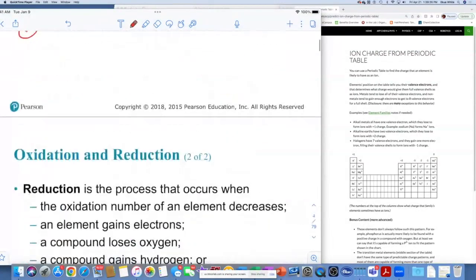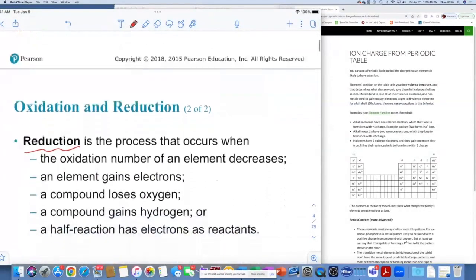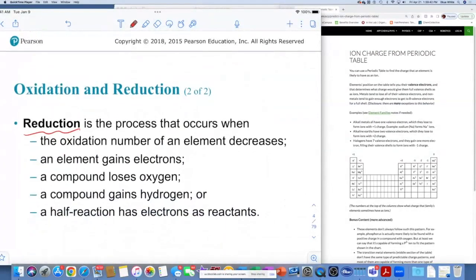Moving on. The other part of oxidation is reduction. So what is reduction? I'm going to start with the organic definition first. Reduction happens when the compound is losing oxygen, so it's becoming less oxygenated, or a compound, it can be a chemical, it can be an element too, that is gaining hydrogen. If it's gaining hydrogen, it is actually being reduced. Remember, reduction is sort of the opposite of oxidation.